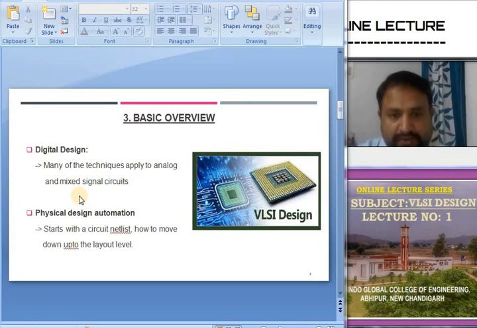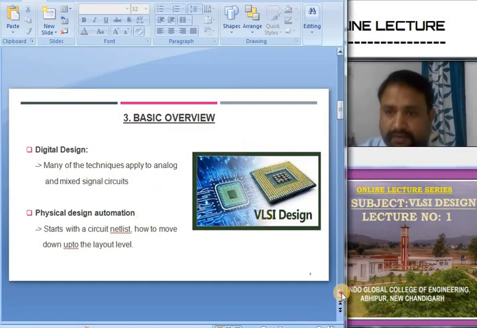So we can call them mixed signal, in digital and analog form, and we would be talking about in the further slides how this physical design automation, as I mentioned, basically consists of different intermediate steps that are needed to be followed for a given circuit. So this is the scope of the physical design automation, and this is the scope of discussion that we are expected to cover as part of this course.